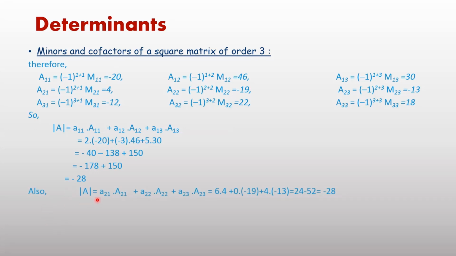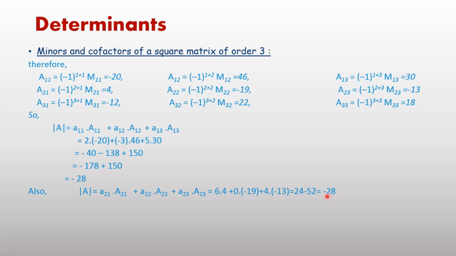Also if you expand it along the second row, write down elements of the second row, multiply with their cofactors and add them. Again you will get the same value. Determinant means a unique number. If you expand it along the third row, again you will get minus 28. If we expand along the first column minus 28, along second column minus 28, along third column again you will get minus 28.